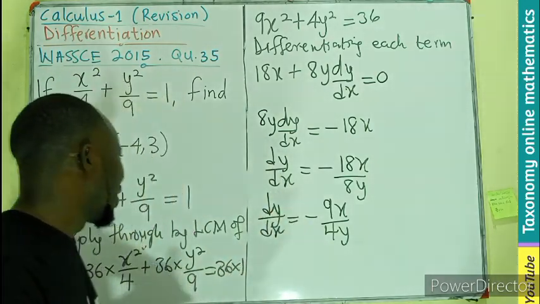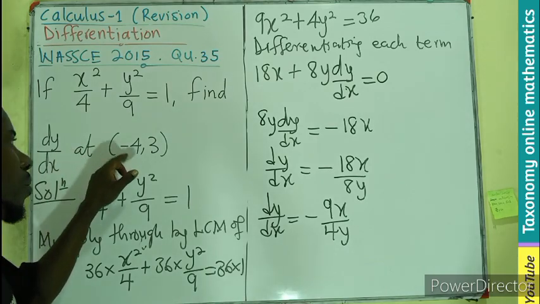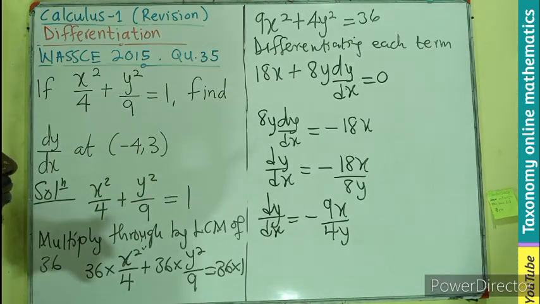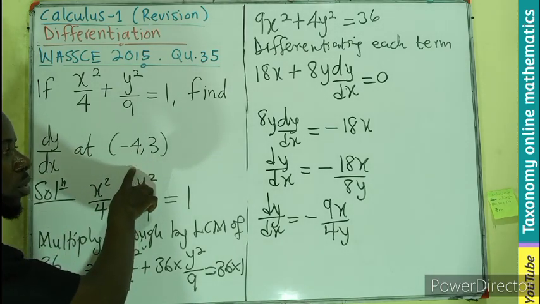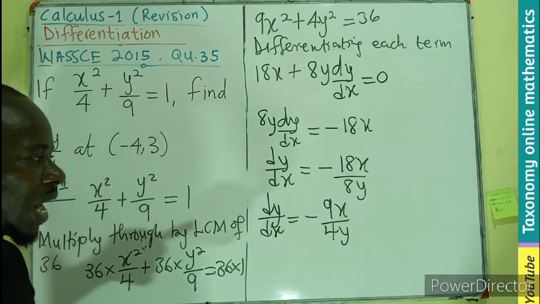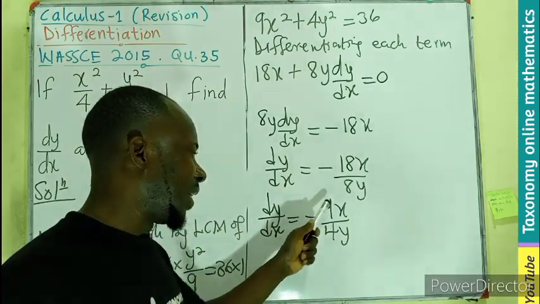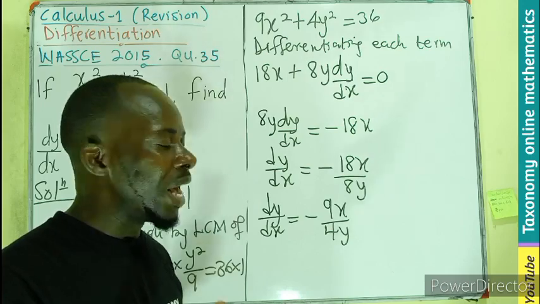But we have to find dy/dx at the point (-4, 3), meaning this is the x component, this is the y component. I can see the dy/dx is in terms of x and y.